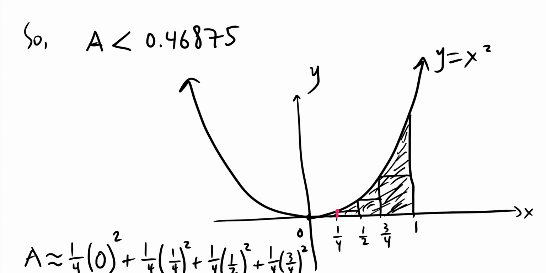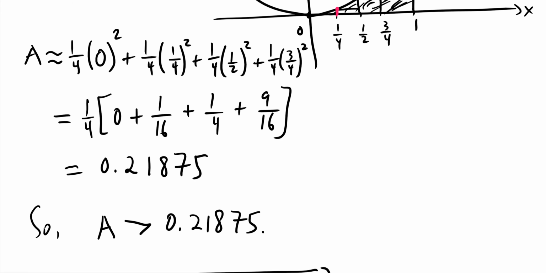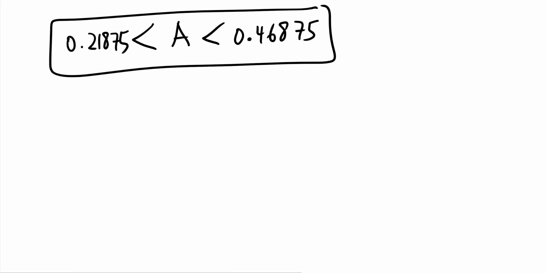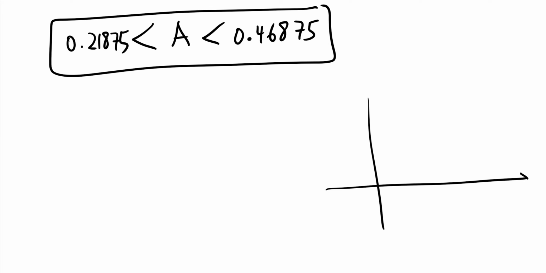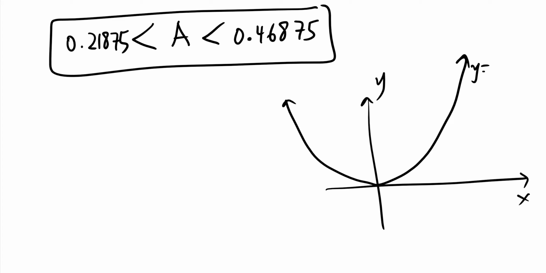But what happens here is I'm going to redraw the diagram again and show you something. So this goes this way. Say 1 is here. If we go up this way, we had 1/4, 1/2, 3/4. That was the first one I drew.